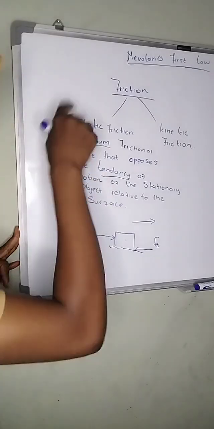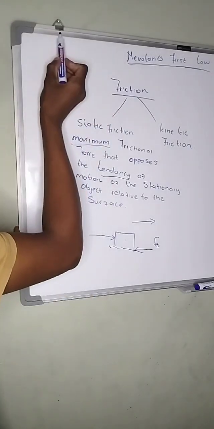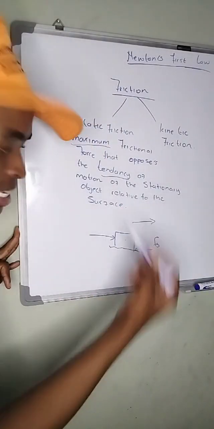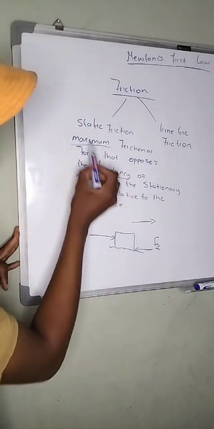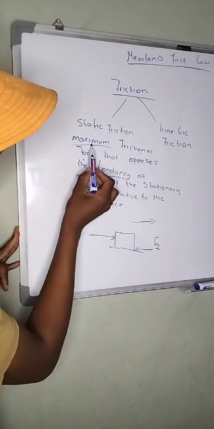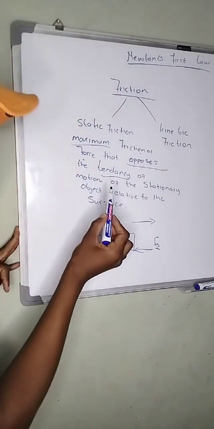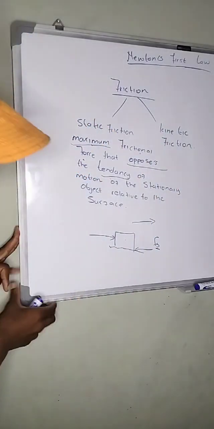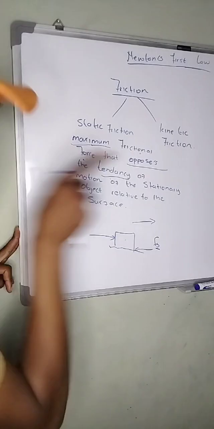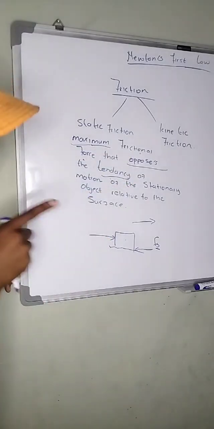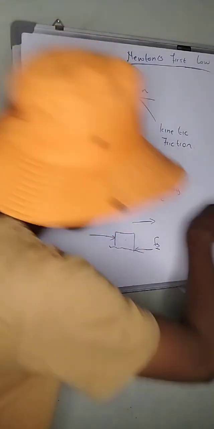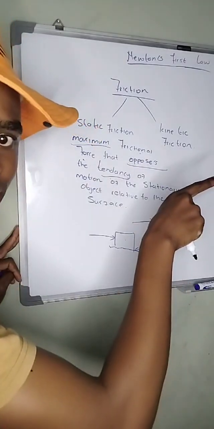It means this board is experiencing the maximum frictional force that opposes the tendency of motion. So it opposes the movement in that direction.